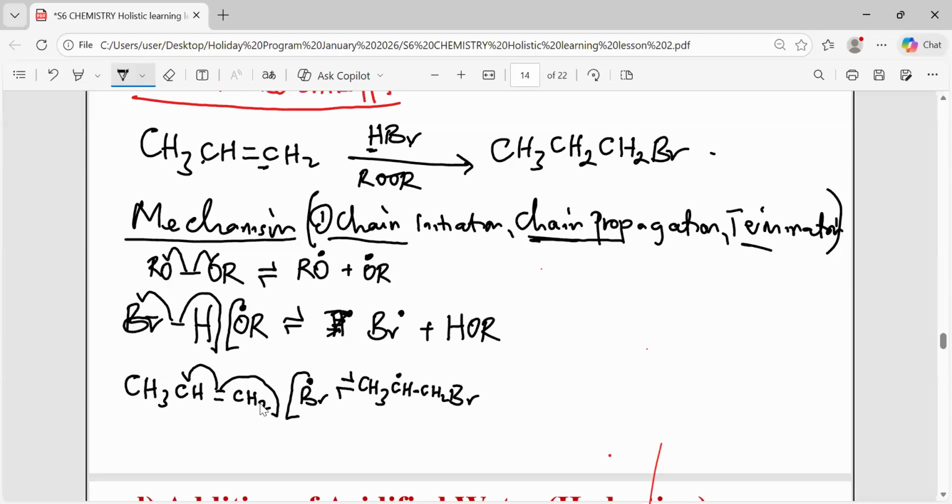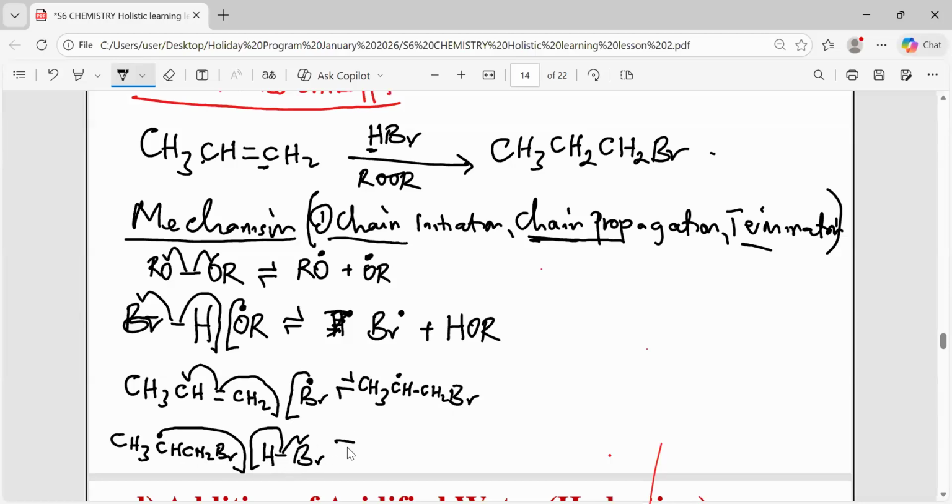At that point, we can bring back this product that we have, CH3, CH with an electron, then CH2 and Br. Now we bond it with our hydrogen bromide. Still, they will undergo fission. This one will break homolytically.